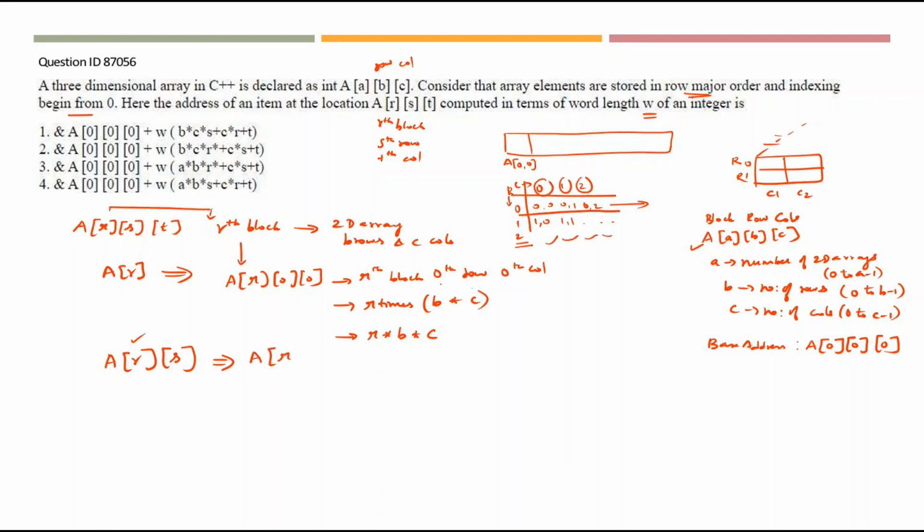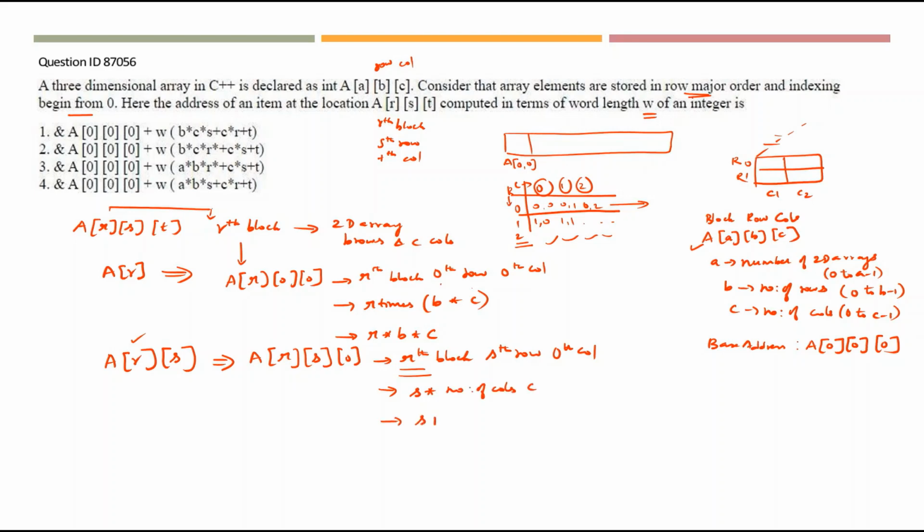When I say it is A[R][S][0], it means I am in my rth block, sth row and 0th column. Here the R block is fine, we have already found. Now we have to calculate for the sth row. So for the sth row, I have to multiply S into the number of columns, which is C.